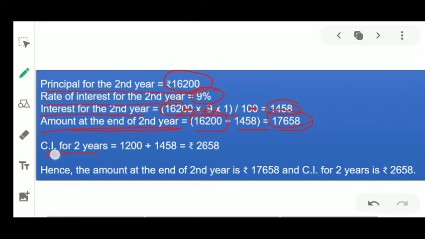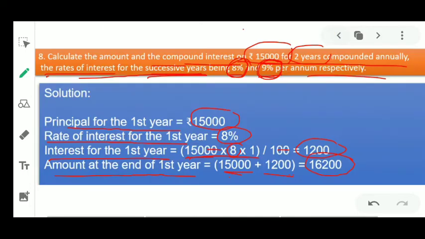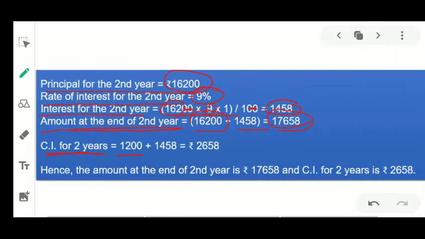Compound interest for 2 years equals 1200, that is the interest for the first year, plus the interest for the second year, that is 1458, which equals 2658. So the amount at the end of second year is 17,658, and compound interest for 2 years equals 2,658.